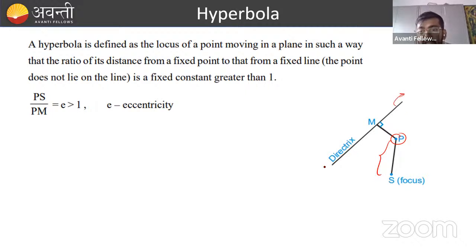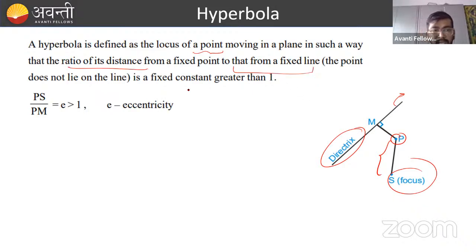This fixed line is called the directrix, and that fixed point is called the focus. So a hyperbola is defined as the locus of a point moving in a plane in such a way that the ratio of its distance from a fixed point to that from a fixed line is a fixed constant which is greater than 1.